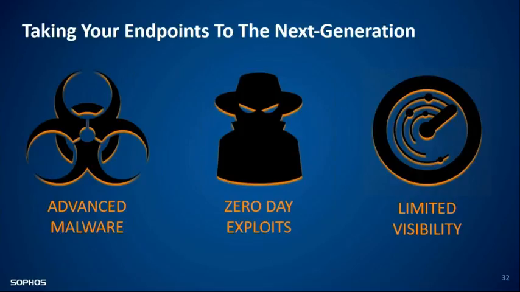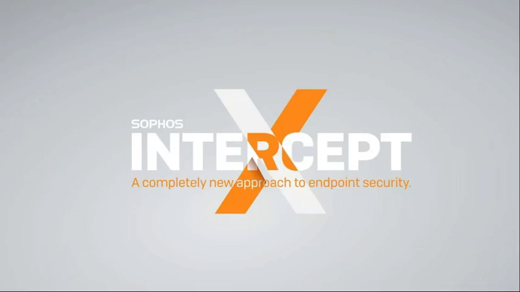So having that full capability of visibility and ability to actually respond, that's effectively what Sophos Intercept X gives you, and that is our completely new approach to endpoint security and our new product that we mentioned that we've recently released.